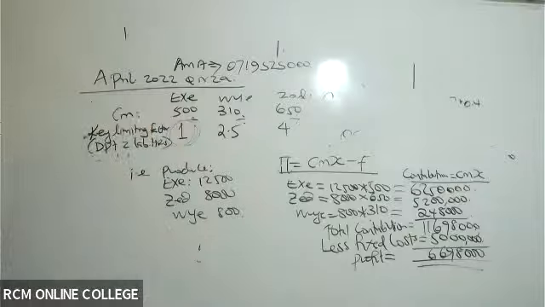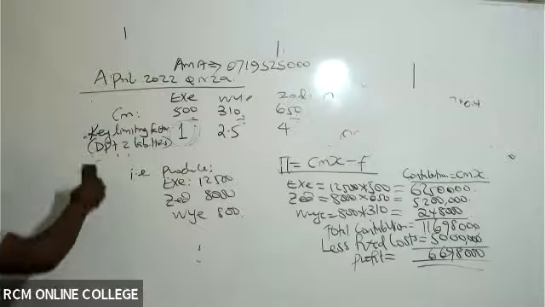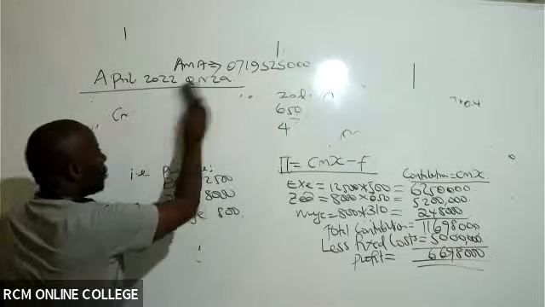So is that okay? Can I go now to the second part of this question, where they want us to do the throughput accounting, throughput method?